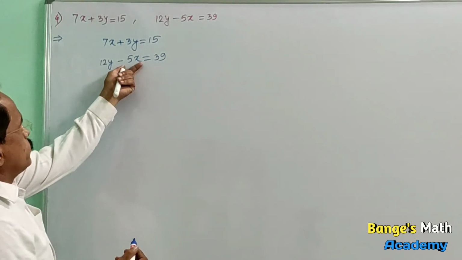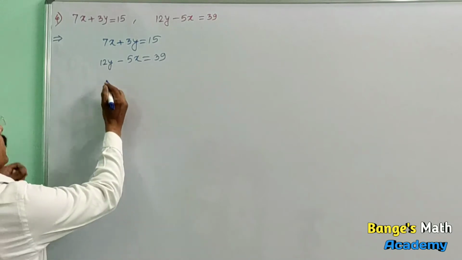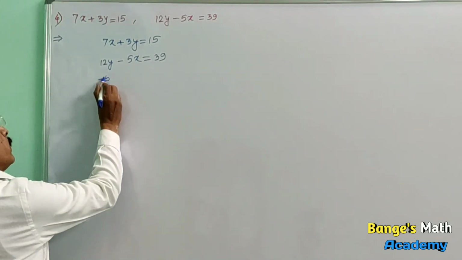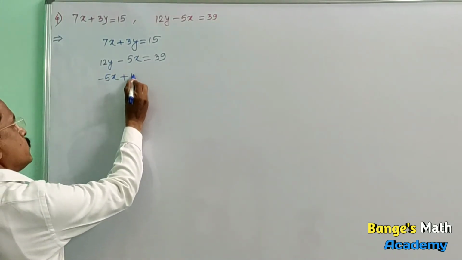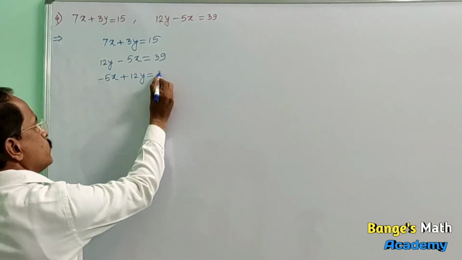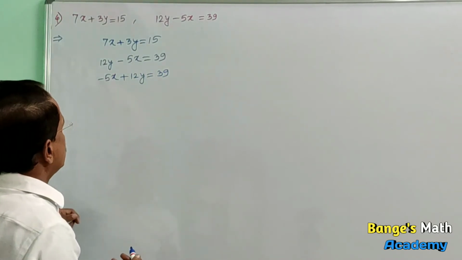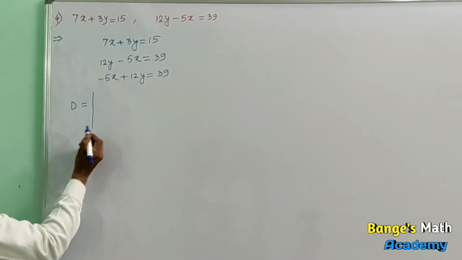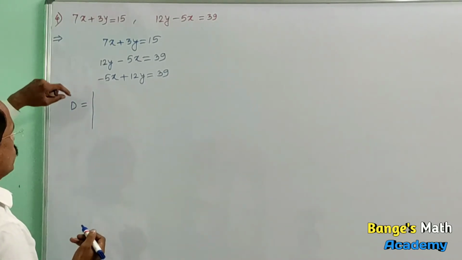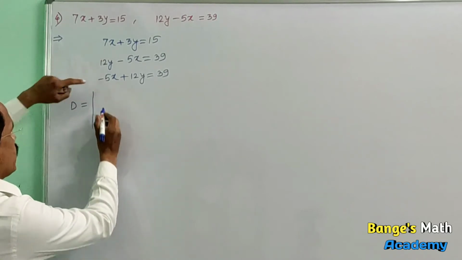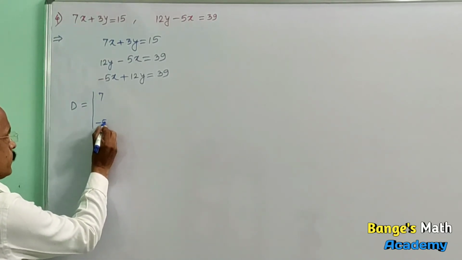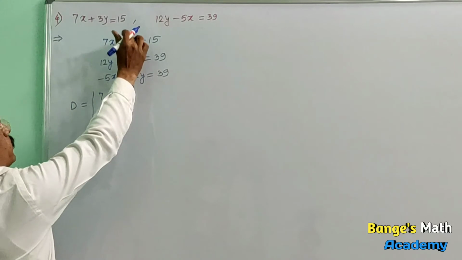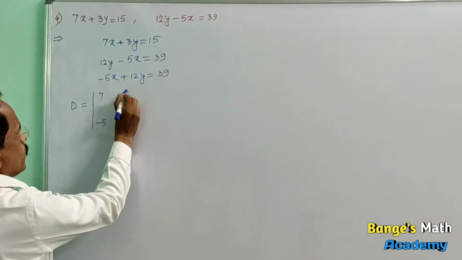Write down minus 5x at their respective place. So minus 5x plus 12y is equal to 39. Then find value of d. In first column, write down coefficient of x: 7, minus 5. In second column, coefficients of y: 3, 12.